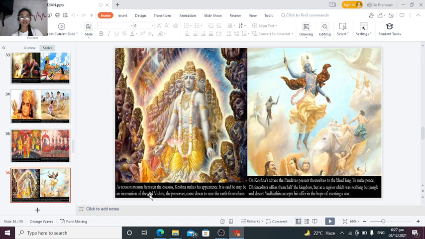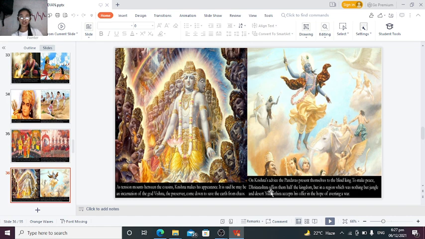So, as the tension mounts between the cousins, Krishna makes his appearance. It is said he may be an incarnation of the god Vishnu, the preserver, who came down to save the earth from chaos. On Krishna's advice, the Pandavas present themselves to the blind king Dhritarashtra to make peace.